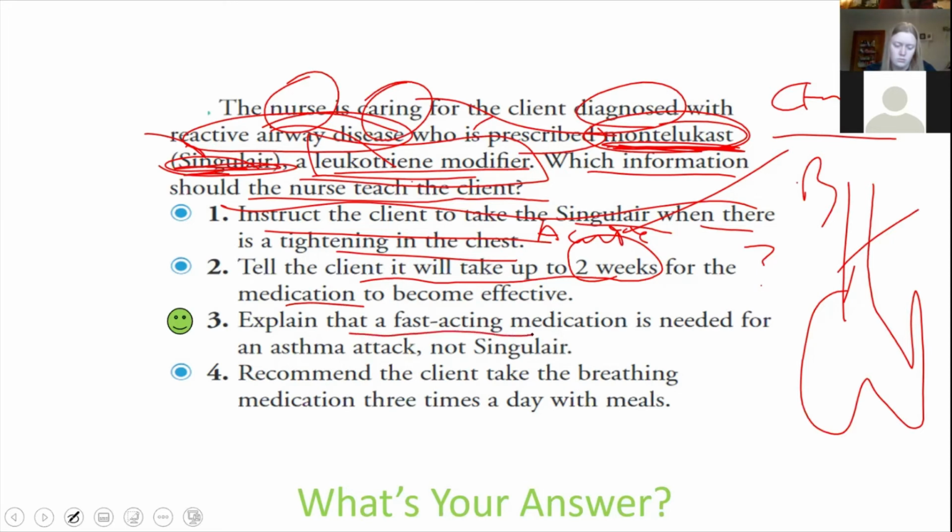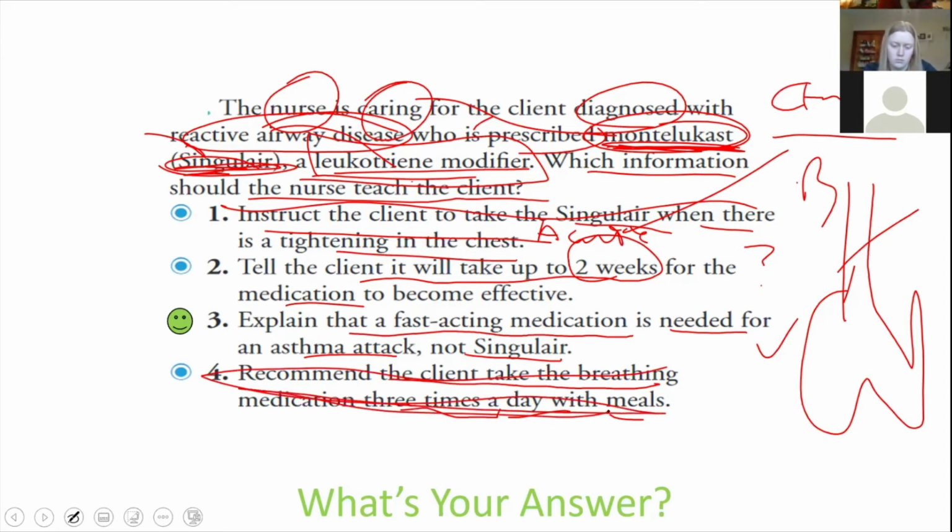Explain that a fast-acting medication is needed for asthma attacks. Okay, I'm going to keep that too. Recommend the client take breathing medications three times a day with, no, that doesn't make sense. Okay, so I'm down to 2, right? I'm not sure about this one, okay?